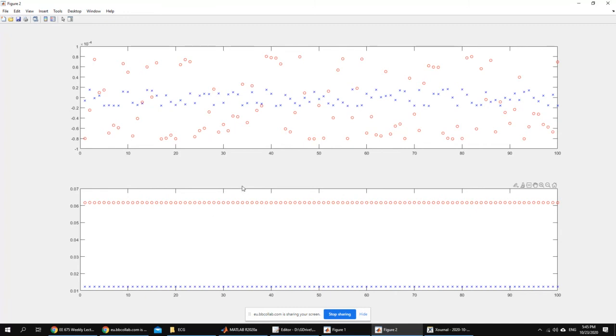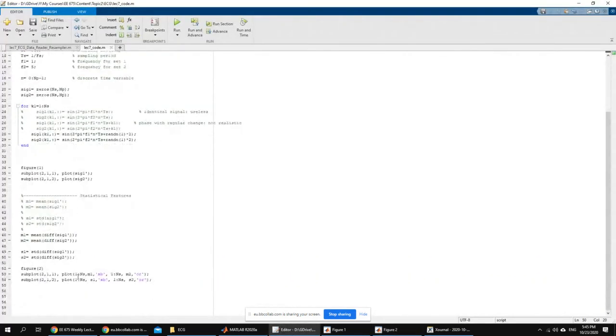Let's think about something a little bit more. Remember the difference, because when we have a difference, we have a slope, positive slope and negative slope. So maybe what we can do, because the mean doesn't account for the positive and negative, it cancels out positive and negative, is just take the absolute value of the difference, or absolute value of the derivative.